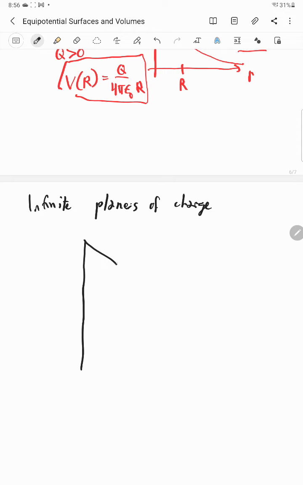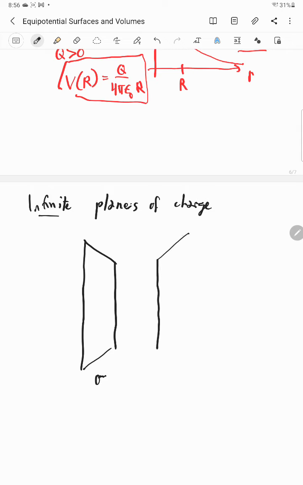In the Gauss's law chapter, you learned that if you study the electric field of a really, really broad, long, big, infinite flat plane of uniform charge density, what you get is that the electric field is constant. That's an important thing.